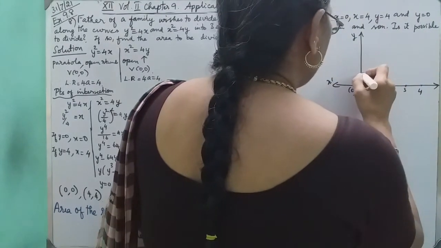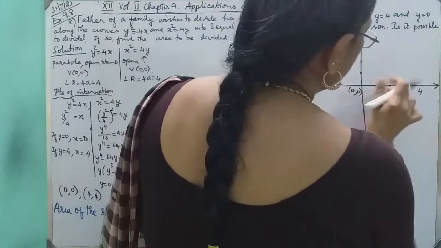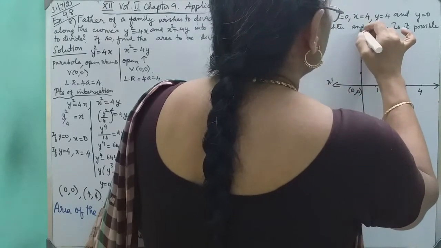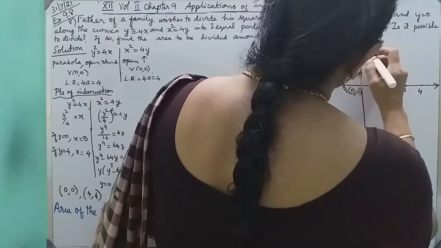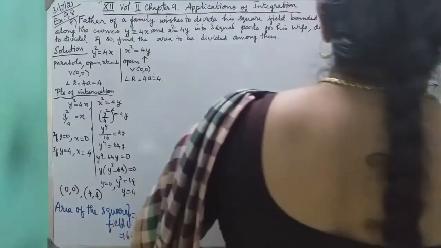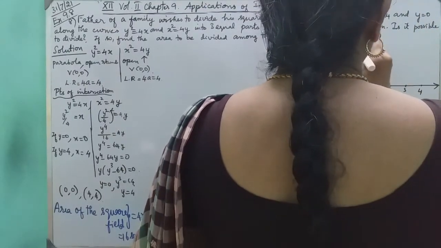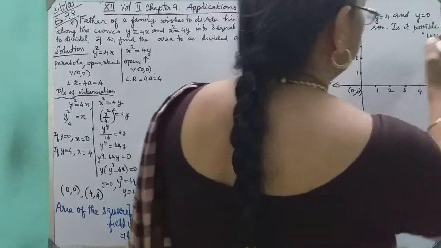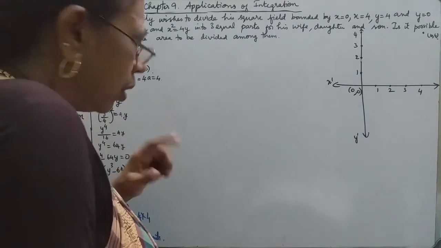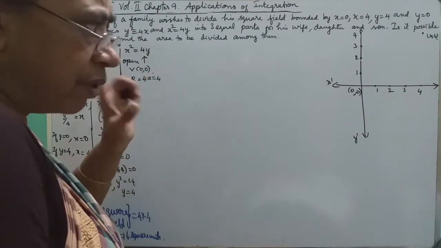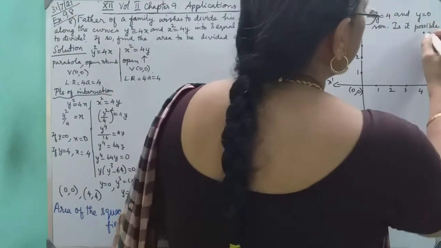In the same way here 1, 2, 3 and 4. Where is 4, 4? It will be here. Both the parabolas have to pass through 0, 0 and 4, 4, so very easily we can draw.